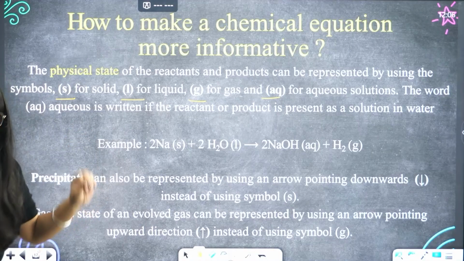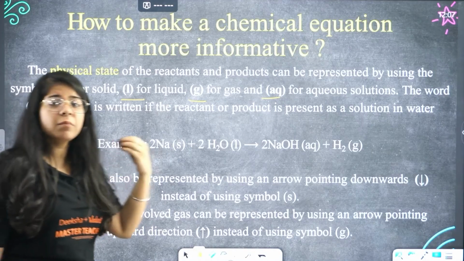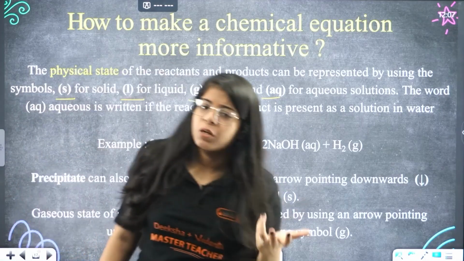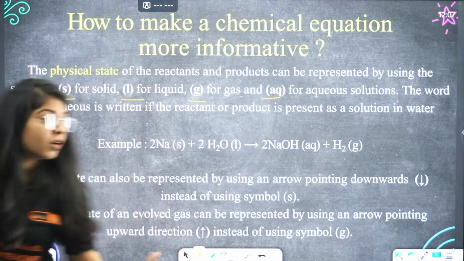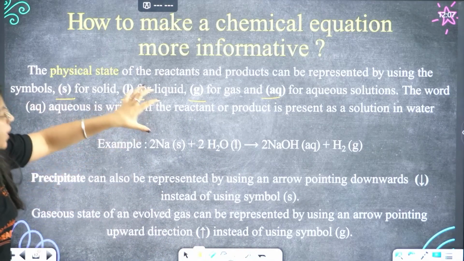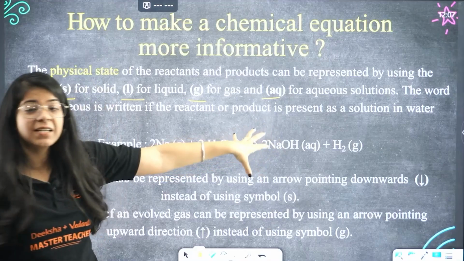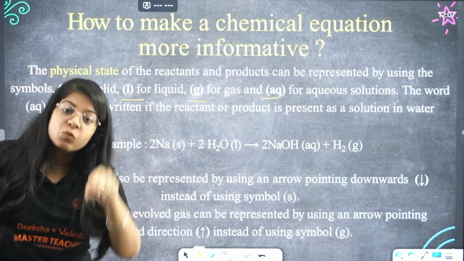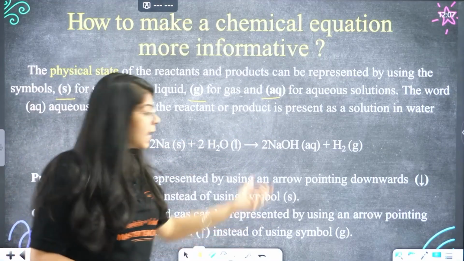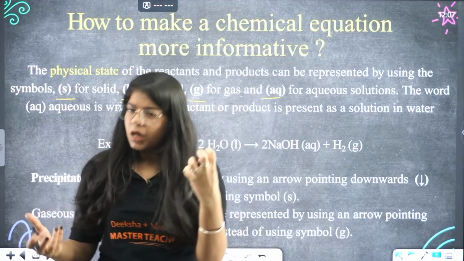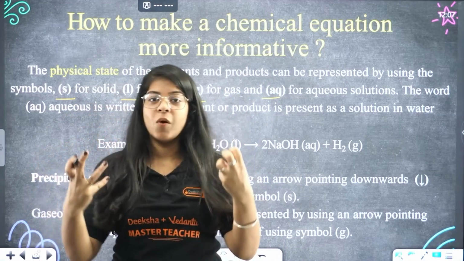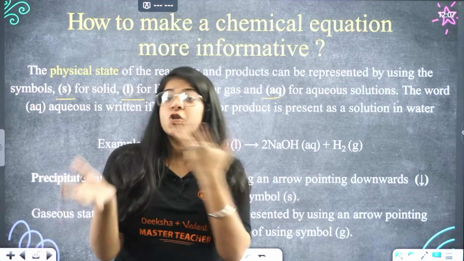Now you might ask, ma'am, what is the difference between a liquid and an aqueous solution? The word aqueous is written if the reactant or product is present as a solution in water. So NaOH is a solution, something other than water inside water, it is liquidy, but it's not completely water.